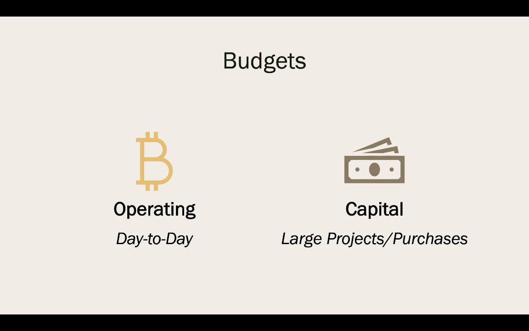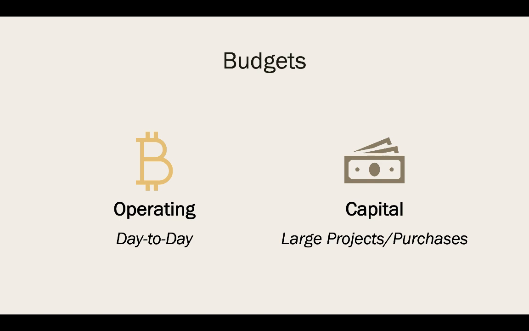So things like vehicle purchases and building a new base, a new station, these do not happen day to day. They do not happen year to year. So these aren't yearly things that happen. These are big projects that'll happen once, maybe every 5 years, maybe with stations and bases, maybe once every 10 or 15 years.